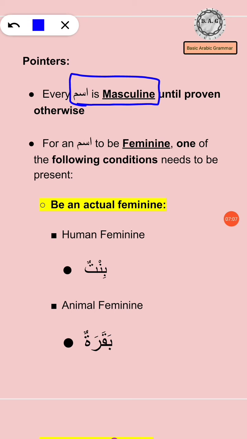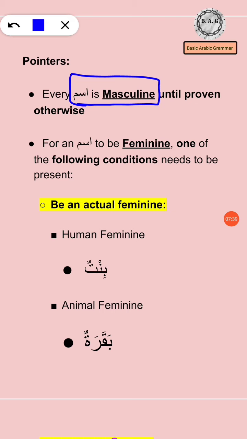It's similar to what we learned previously in the marfa lesson, that every ism is nakra unless it can be proven to be marfa, and for that we had 7 situations that can render an ism marfa. So there are 4 situations that can render an ism feminine, and every ism is masculine until proven otherwise.